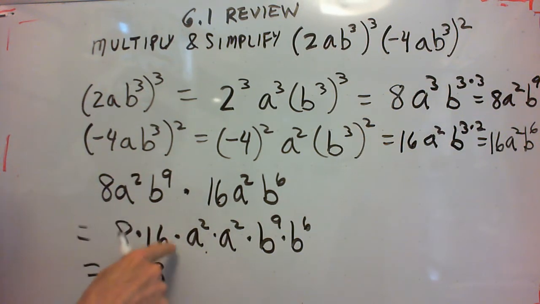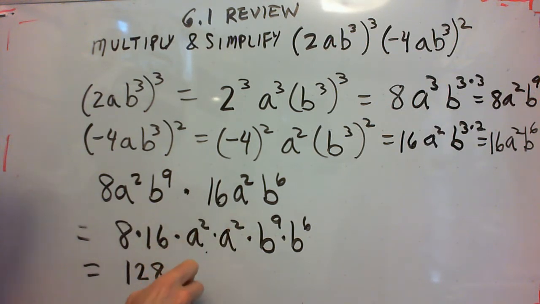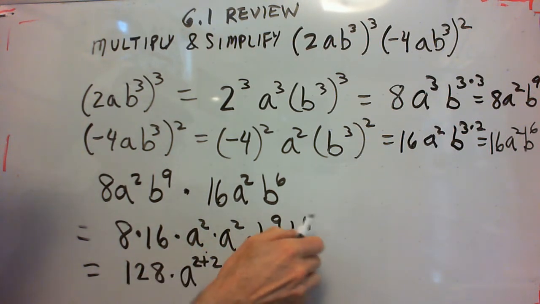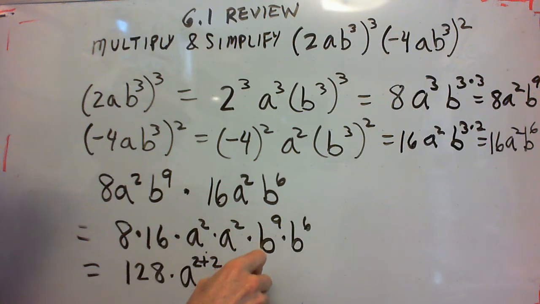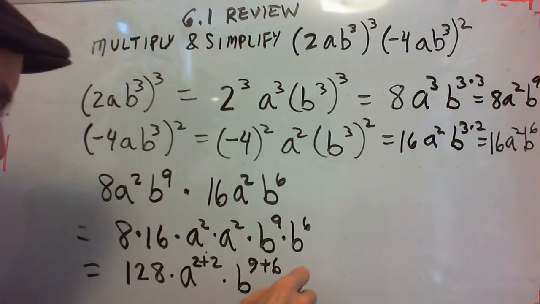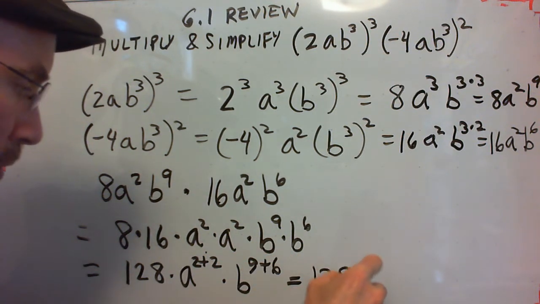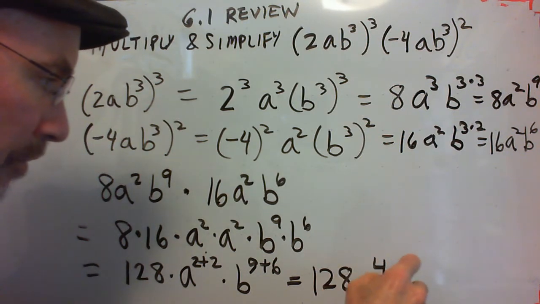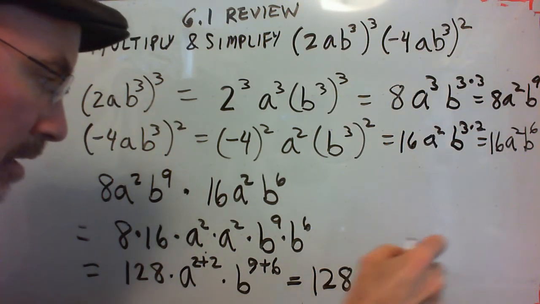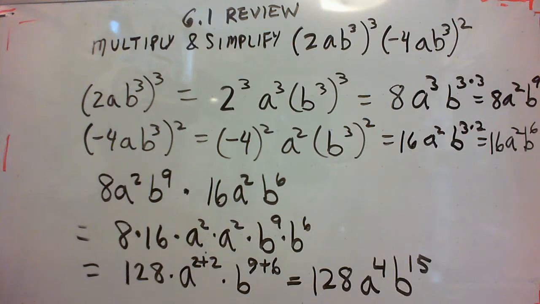It's 80 plus 48. A squared times a squared, it's a to the 2 plus 2. And then b to the 9th times b to the 6th is b to the 9 plus 6. So our final answer is 128, a to the 4th, b to the 15th.